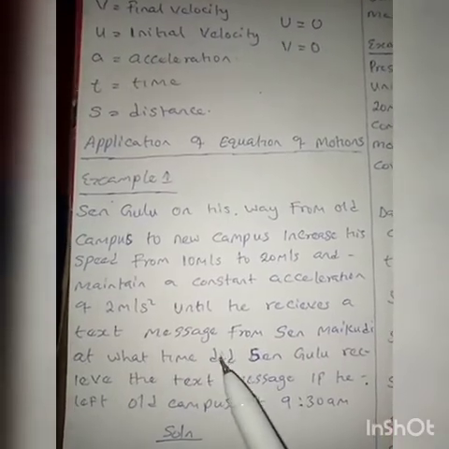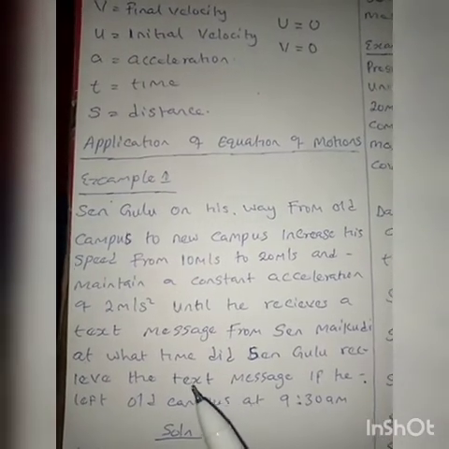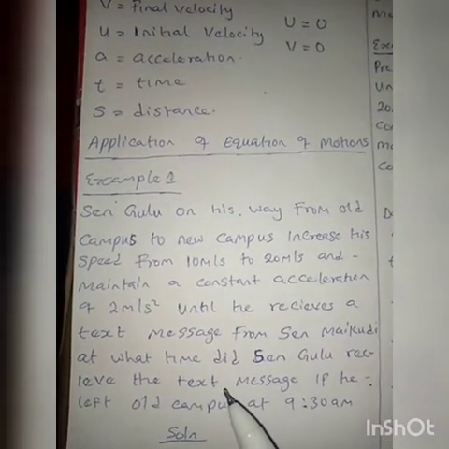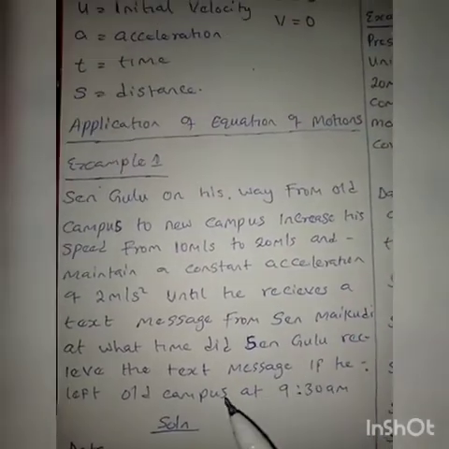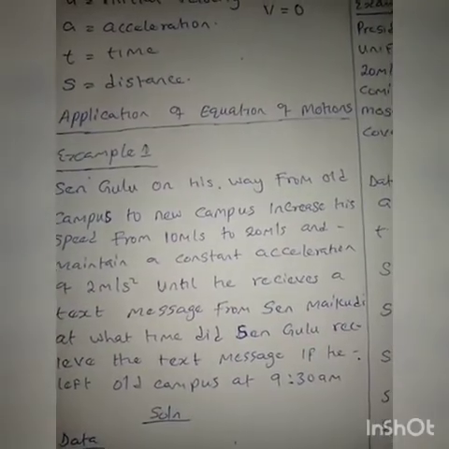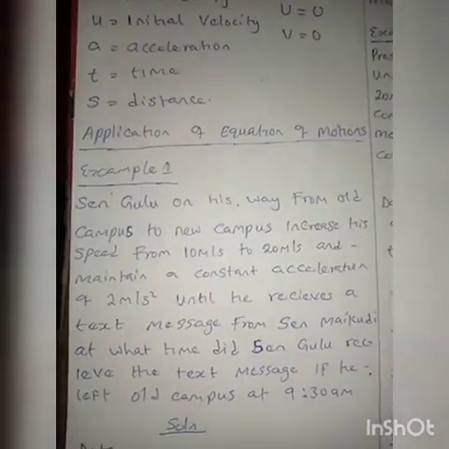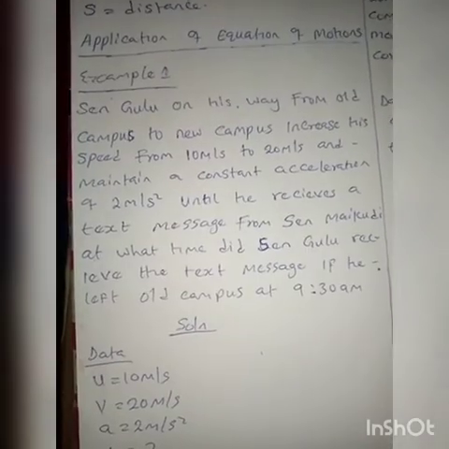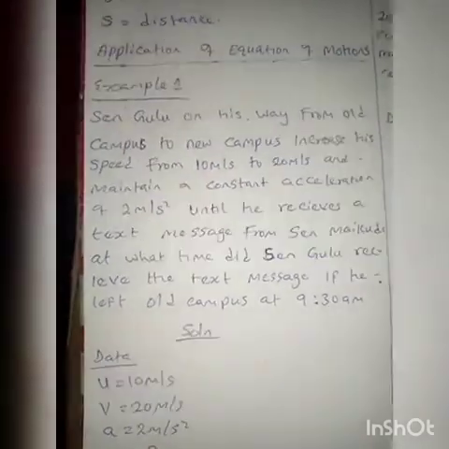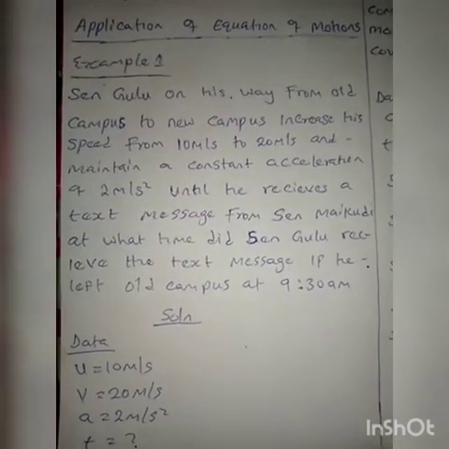At what time did Senator Gulu receive the text message, if he left old campus at 9:30 a.m.? So now they want you to tell them when Senator Gulu received the text message. With physics you can know when he received it.